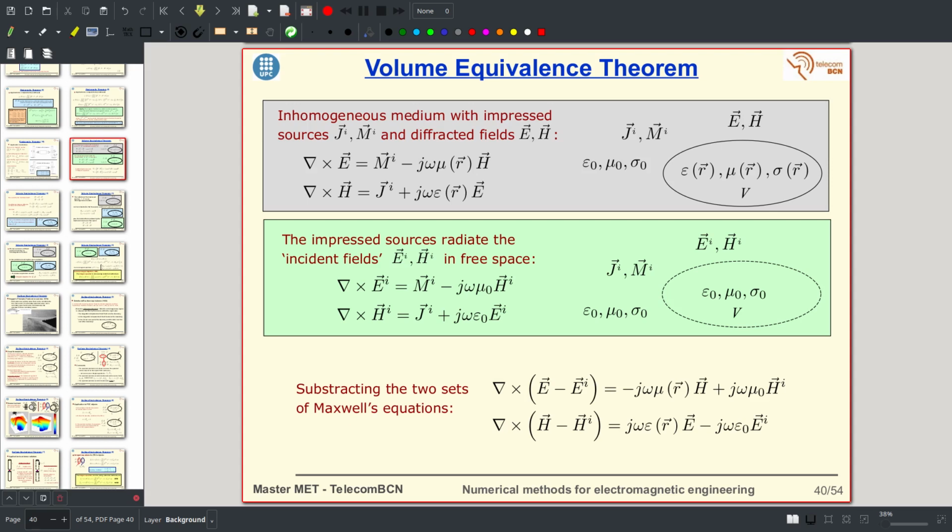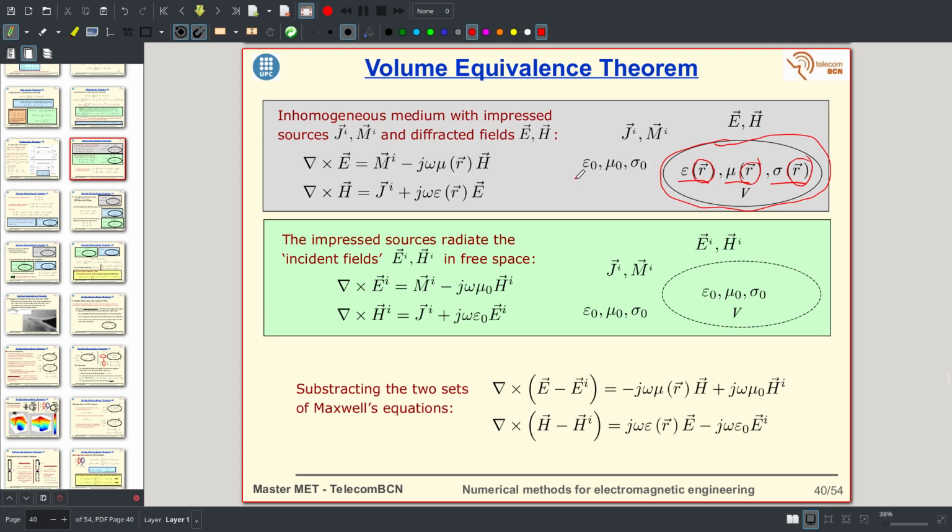So we need to solve problems in which we have some object. Here is a volume. The object can be inhomogeneous, can have epsilon different than epsilon 0, mu different than mu 0, can have a conductivity. This can be inhomogeneous, so they can vary for different points in space inside the object.